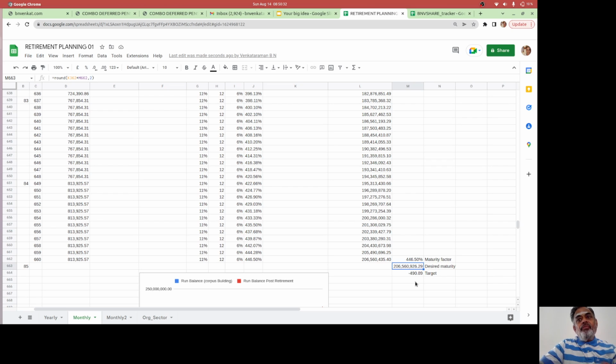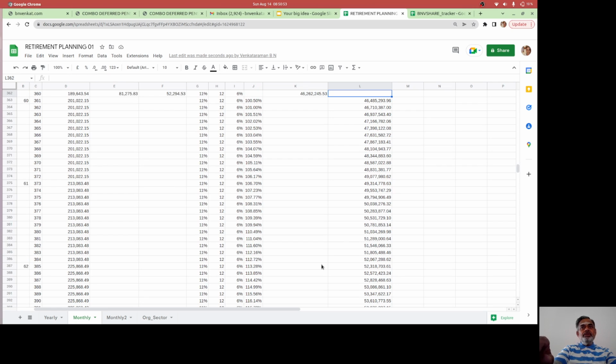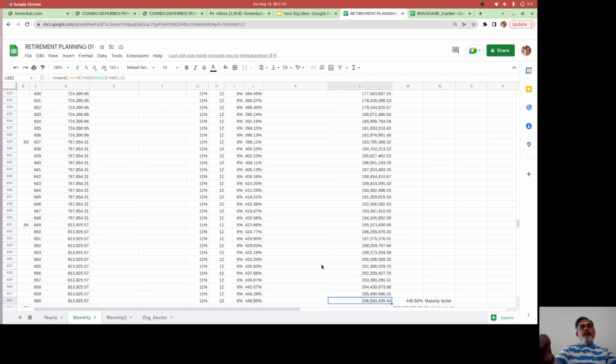See, now the desired maturity is 20.65 crore, and the corpus we have generated at the time of retirement is 4 crore 63 lakhs, and we have got it.